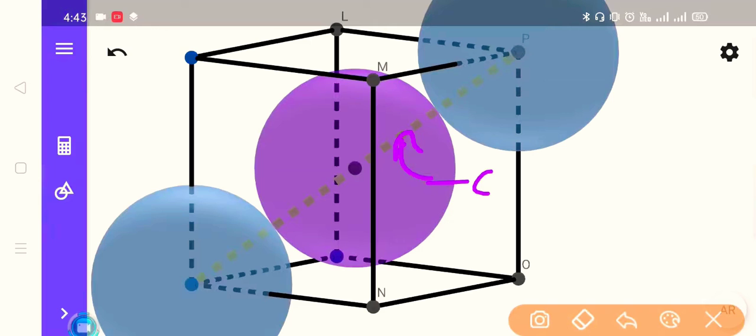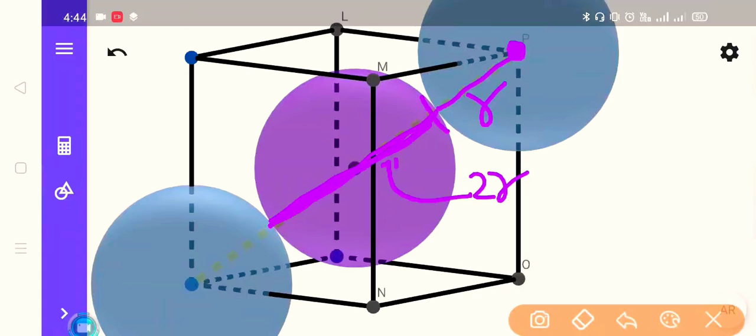Now what is the relationship between C and R, the radius of these spheres? Let us start from this corner. The corner is actually the center of the corner sphere. From the center of the sphere to the surface, that means R. Then the diameter of the body centered sphere, that means 2R.